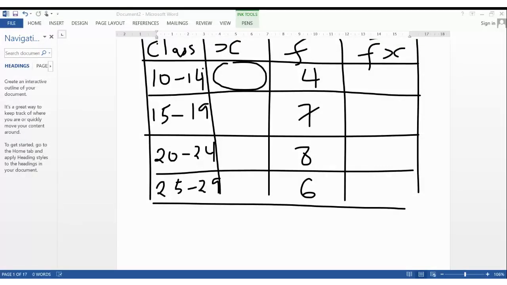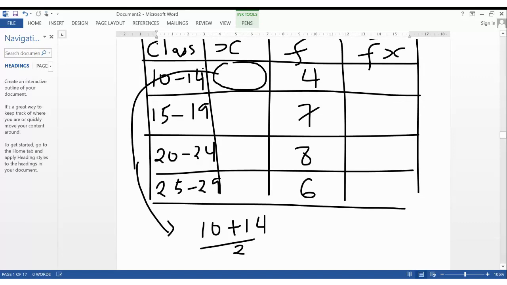This value here, 10 plus 14, you divide that by 2, and you're getting 12. The same, you add 15 plus 19, you get 17. 20, and then you'll get 22. Then 25, and you'll get 27.